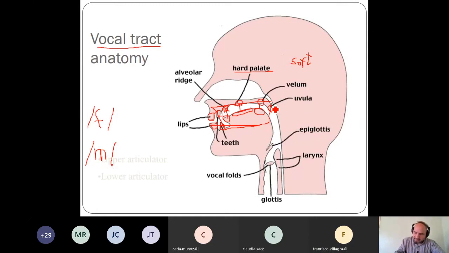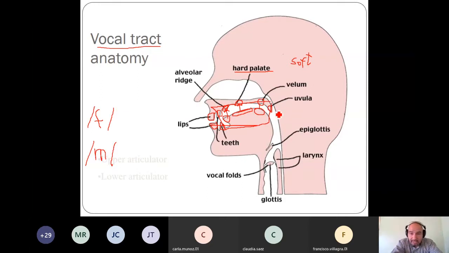So the uvula is this little thing dangling here that moves up and down. When it moves up, it's blocking the passage, so the air stream is not escaping through your nose.